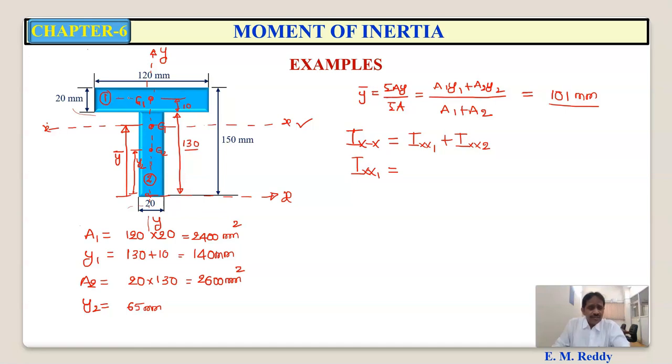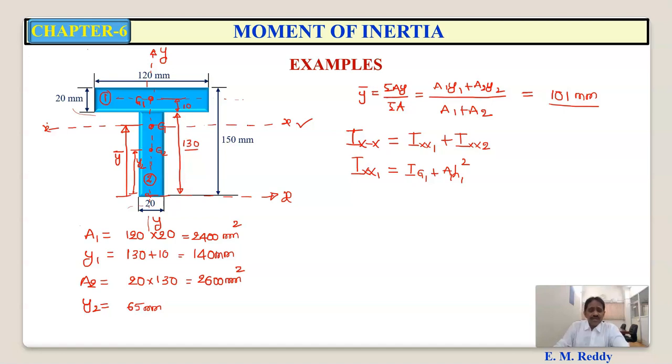We are having formula for the centroidal x-axis of this rectangle. So that is IG1 using parallel axis theorem. Moment of inertia about an axis which is parallel to centroidal axis is equal to moment of inertia about centroidal axis plus a h square. I am saying a1 h1. Are you getting me or not?